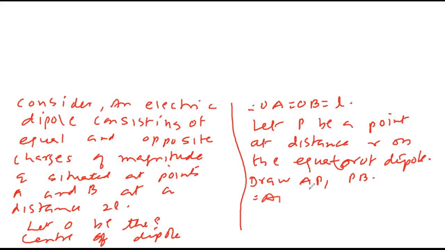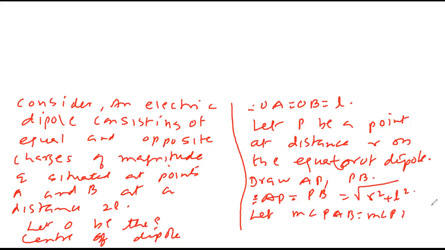Therefore, AP equals PB equals root of R square plus L square. Let angle PAB equal PBA equal theta. Copy till this. We have just explained the diagram part so far.